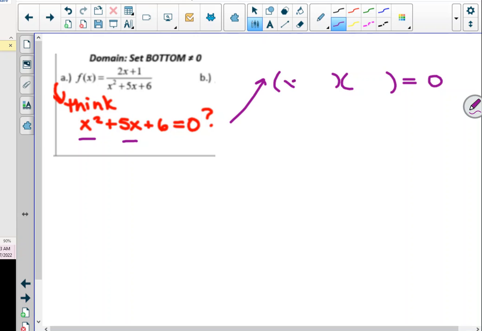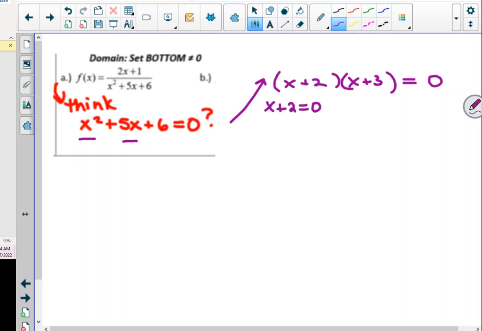This actually factors pretty nice. x and x, and 2 and 3. Two numbers that multiply to 6 and add up to 5.